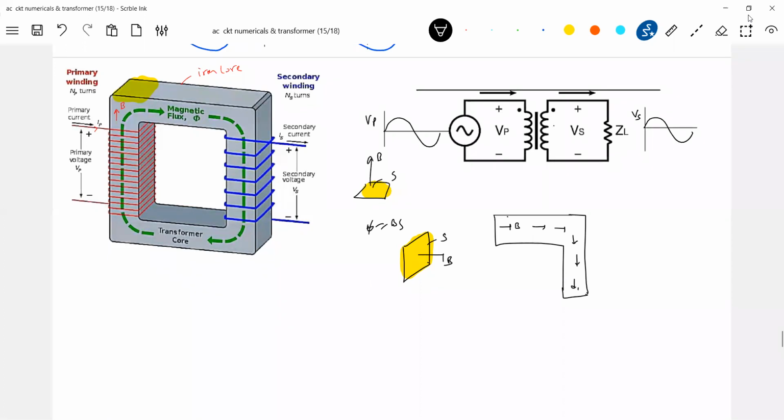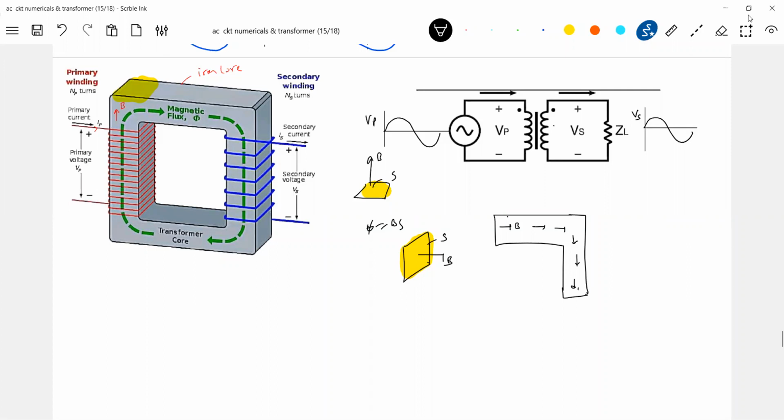Now the working of this is based on mutual inductance. It just works based on the mutual inductance concept. Total flux linking the primary coil is linking the secondary coil or secondary winding. So let's get into the mathematics.